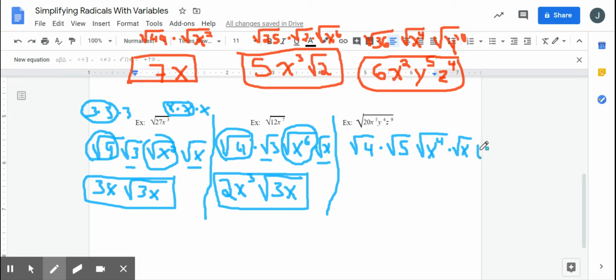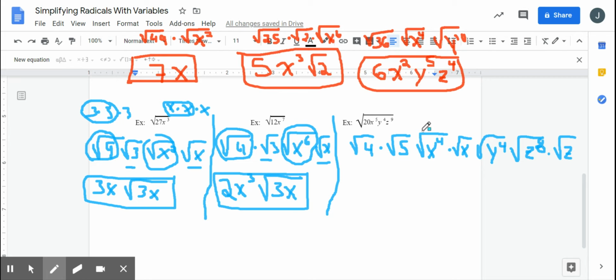Now, y to the 4th, well, that's an even exponent, so that's a perfect square root, so I'll just keep it by itself. Z to the 9th is odd, so I'm going to have to break it up into the largest even possible, which is going to be 8, times z to the 1st. Okay, z to the 8th times z to the 1st is going to give you z to the 9th.